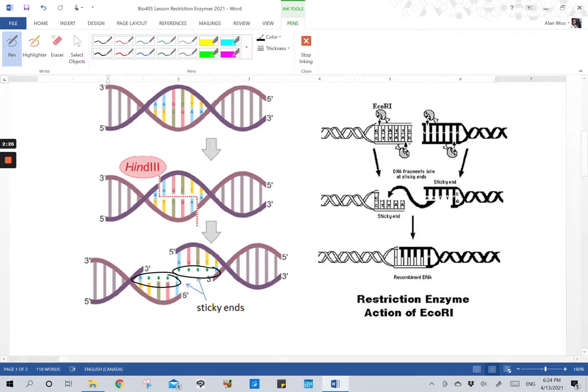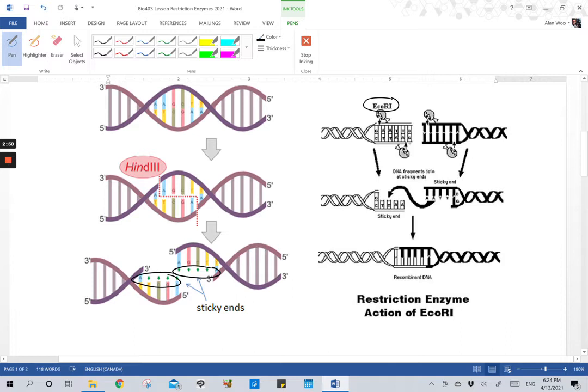Over on the right side, we have EcoR1. Again, they're enzymes just like HindIII, but they will cut DNA at different places. In this diagram, you have two different DNA molecules. Let's say that this one here is from one organism and this is from a different organism, from a different species.